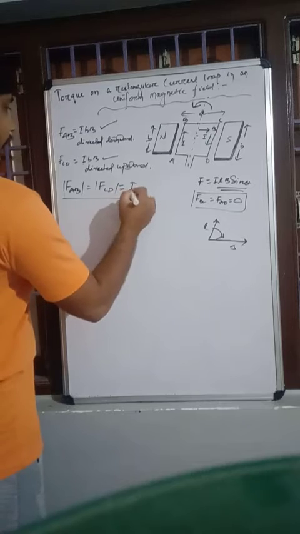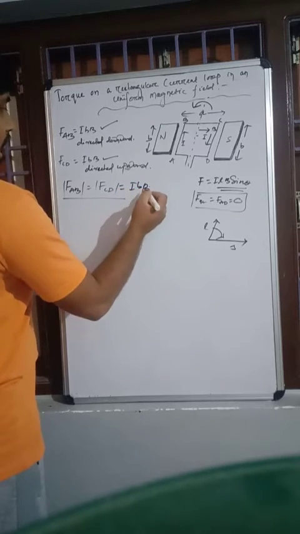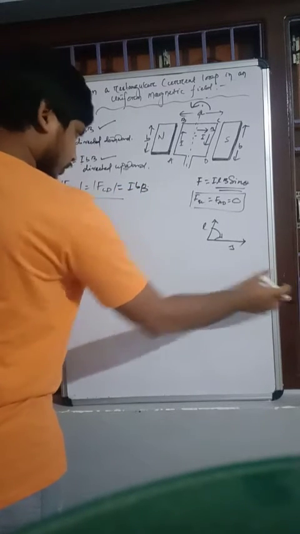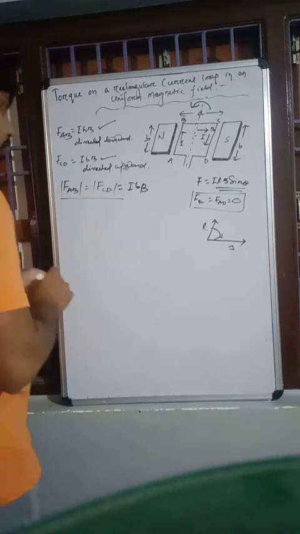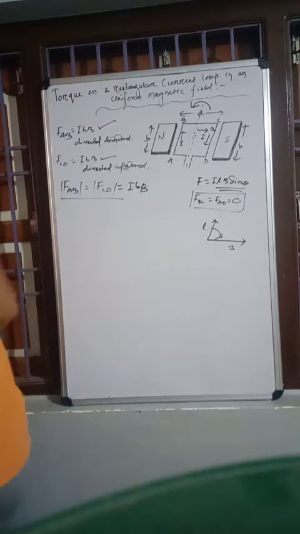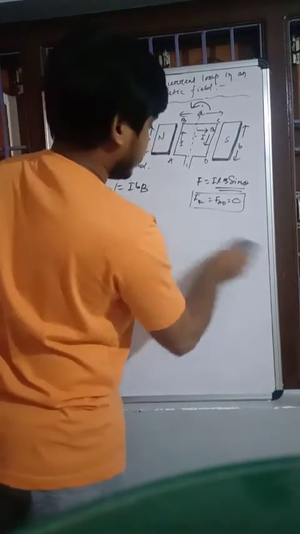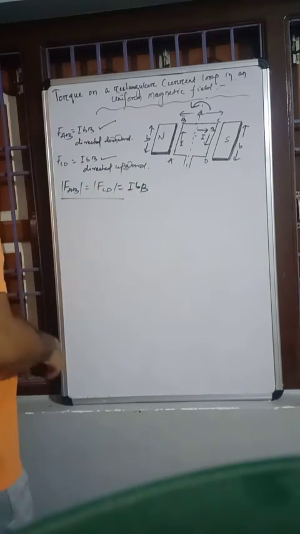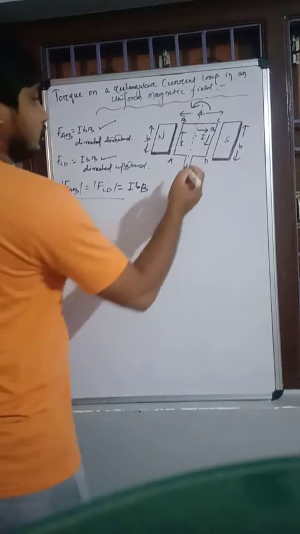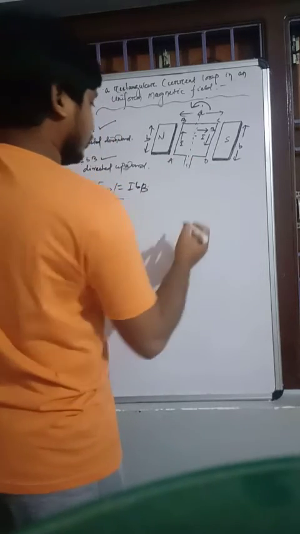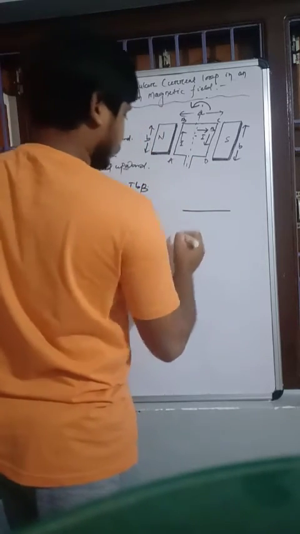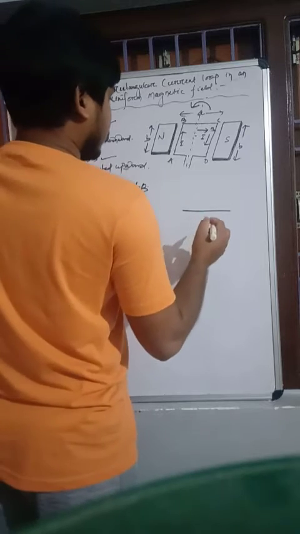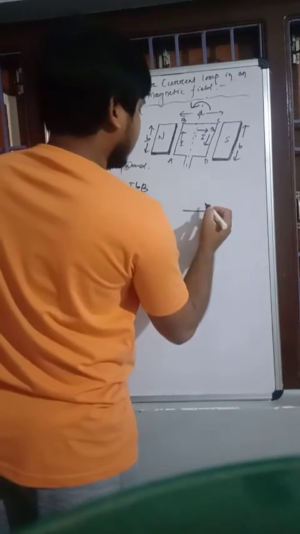That will be equal to our IBb, the force value is coming IBb. So now we calculate what will be the torque. To calculate the torque, I'll just take this arm, AD arm. Here the length is a.